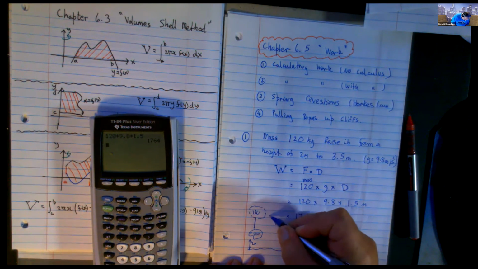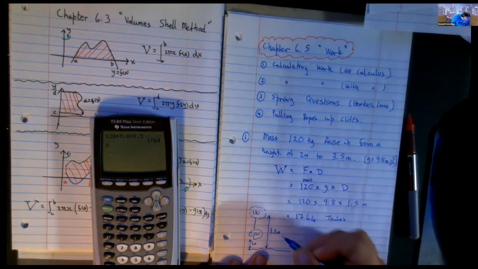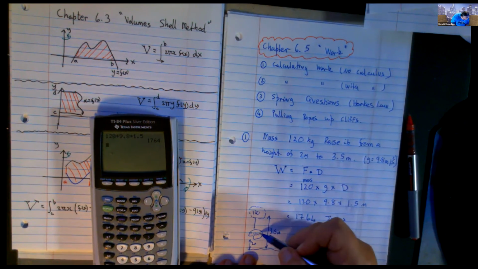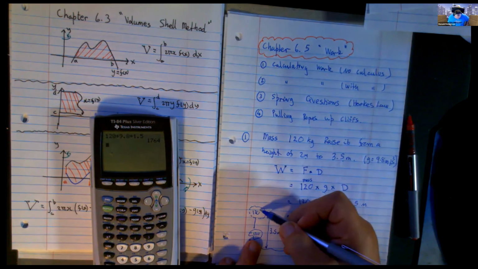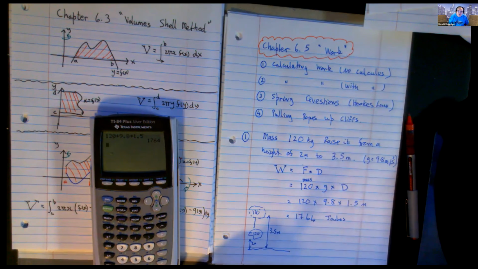And that new height I moved it up to was 3.5 meters. And the work that is required to pick this thing and hump it up to here ends up being that number of joules.